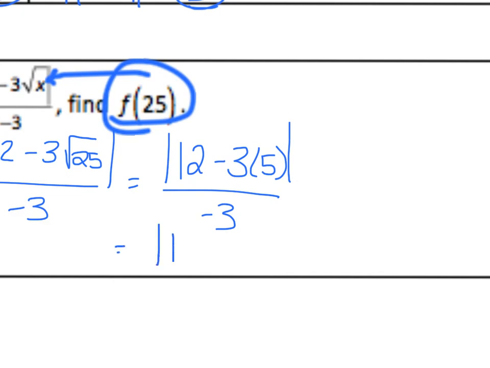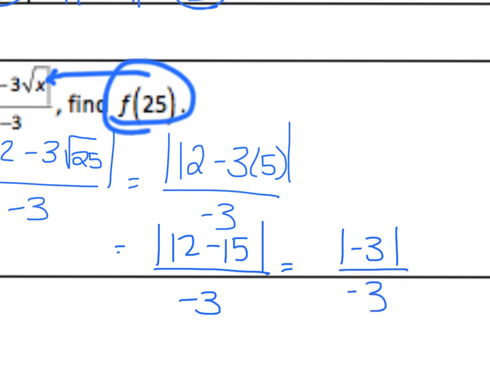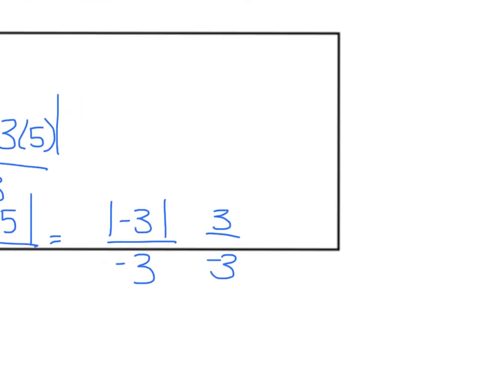Equal 12 minus 15 over -3, which will equal the absolute value of -3 over -3. And the absolute value of -3 is 3 over -3. That stays negative because that didn't have absolute values in it. So your final answer is -3 divided by -3, which is -1.